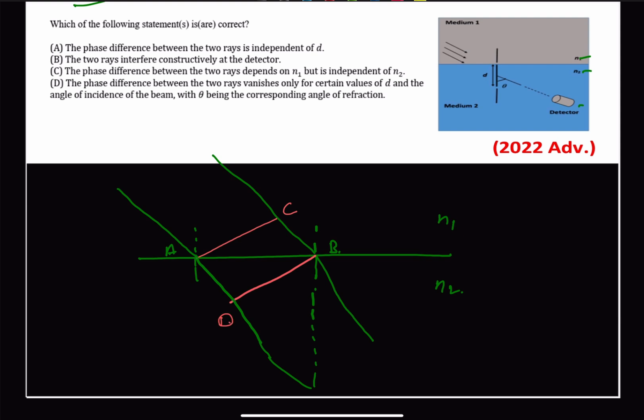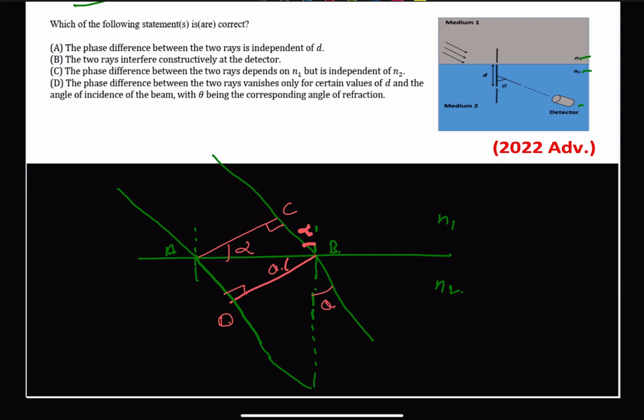And if we say this angle is alpha, we can write this angle will also be alpha, and if this angle is theta, this angle will also be theta. This is 90 degrees and this is also 90 degrees, and the slit width is given to us as d.